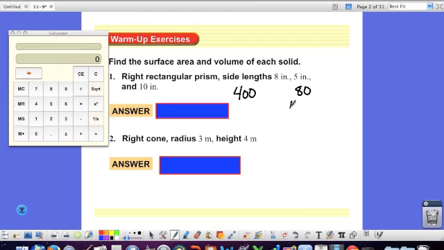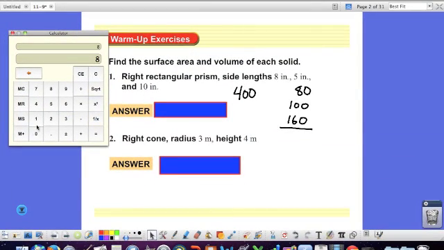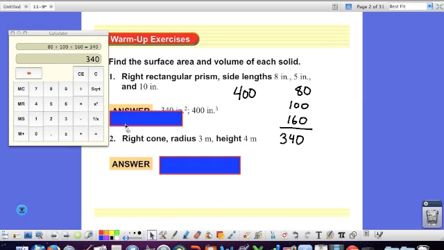Two of those is 100. And we'll have two that measure 8 by 10. 8 times 10 is 80. Two of those is 160. So 80 plus 100, and so I can add these all up. Equals a surface area of 340, a volume of 400.